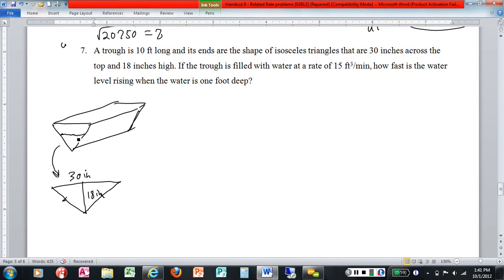So you can see what's changing as the water level goes up and up and up. Well, the volume's changing. You're getting a longer base here. And so, yeah, your volume is changing. You get more and more water in there. So things are changing. Okay, so what do we want to do? Oh yeah, and this is 10 feet here.